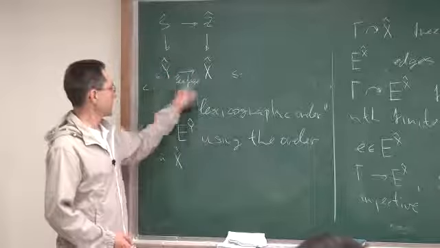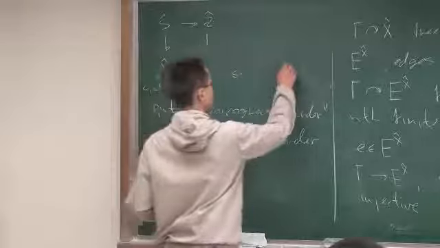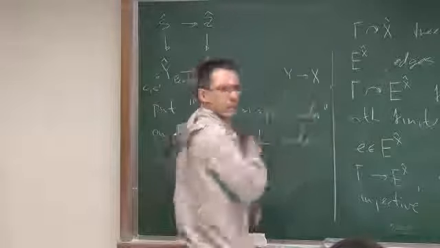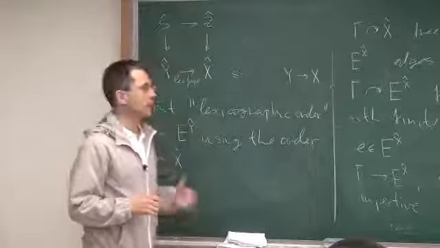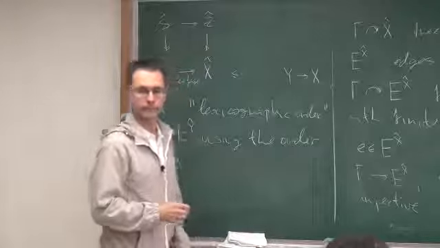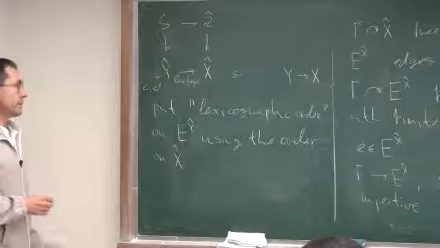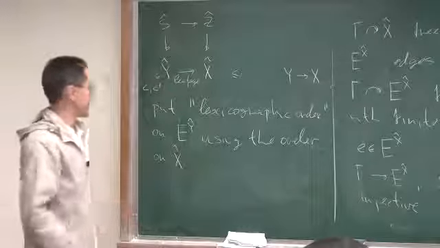So the fibers of this map are exactly the same as the fibers of the map y to x. Which is fine. And these fibers, they are all finite. So even though for the definition, of course, it doesn't really matter.